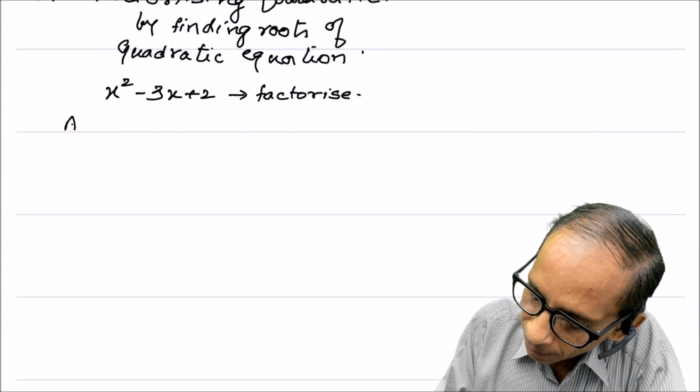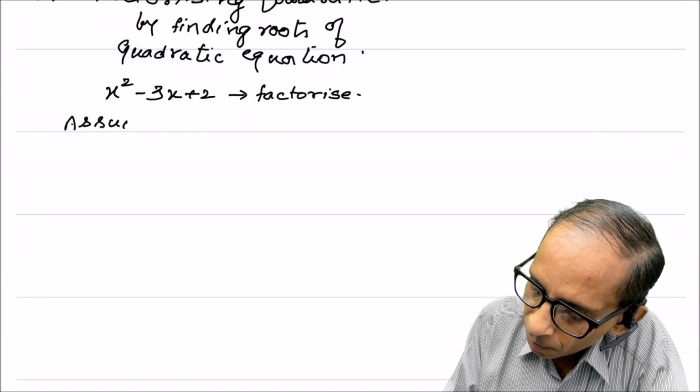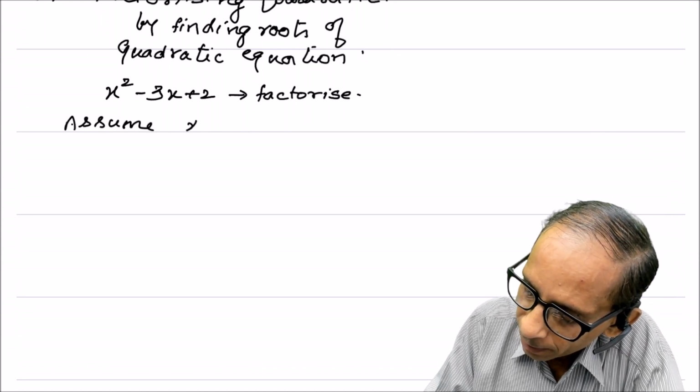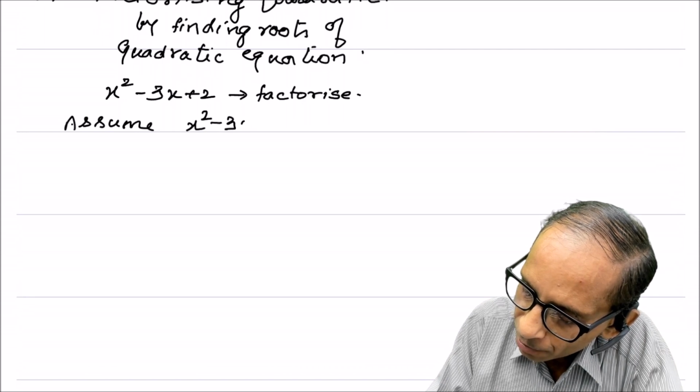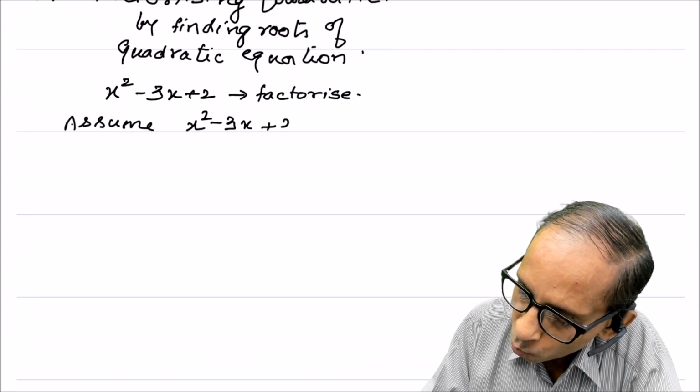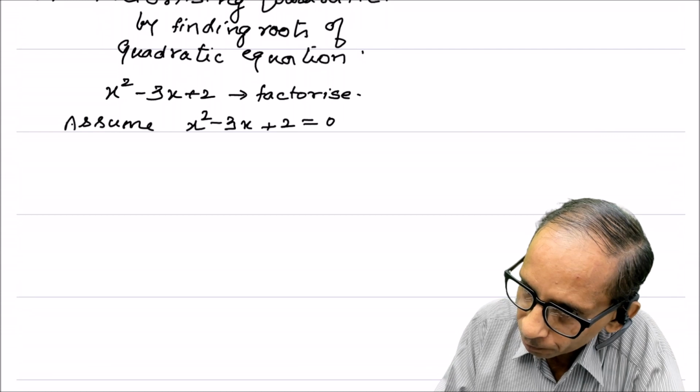then assume first of all that x square minus 3x plus 2 is actually 0.